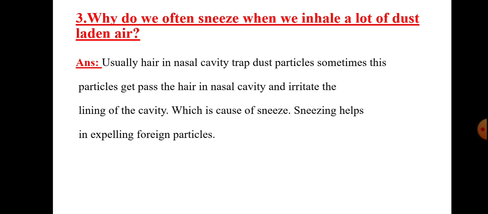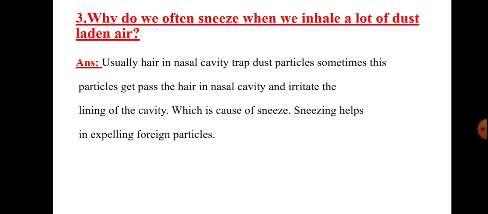Sneezing helps in expelling foreign particles. In your nasal cavity some hair like structures are present. The hairs help to filter the outside dust particles during inhalation, so that pure air travels to the respiratory system, the windpipe.